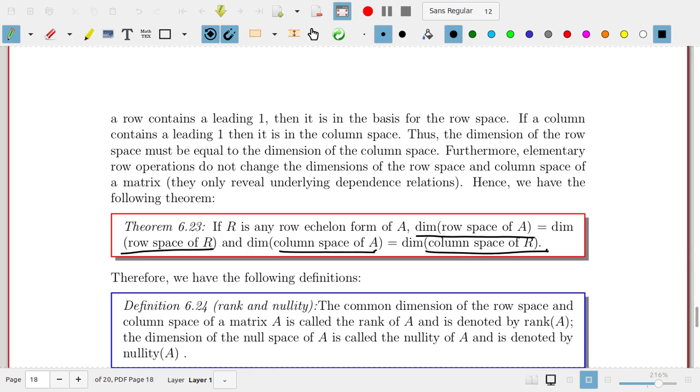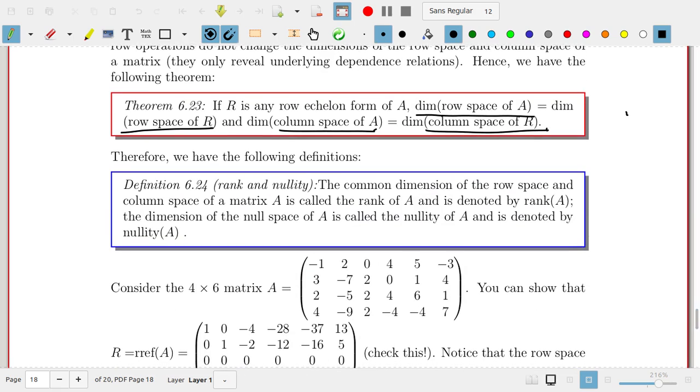And therefore, we have the following definitions of rank and nullity.